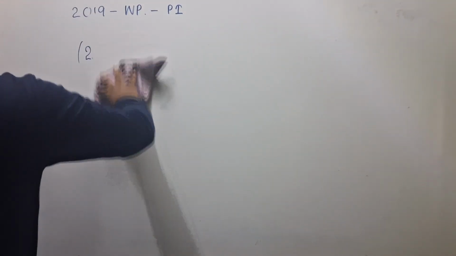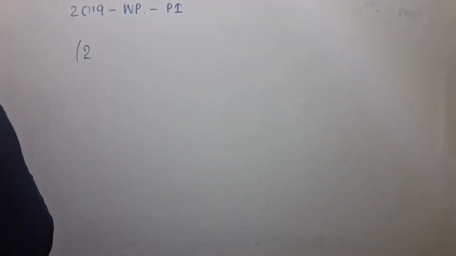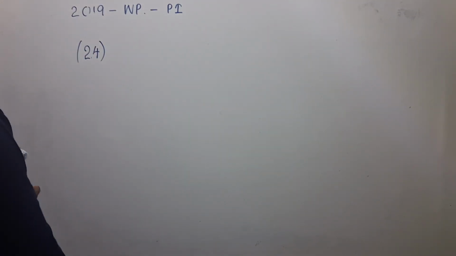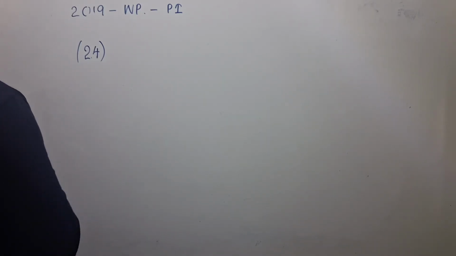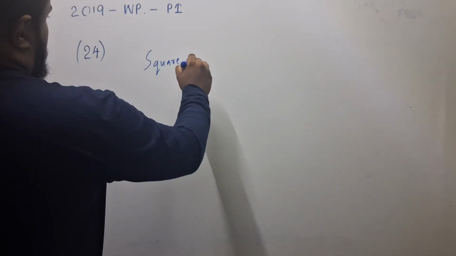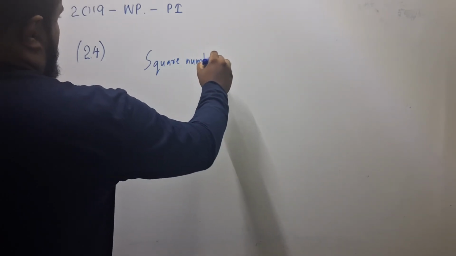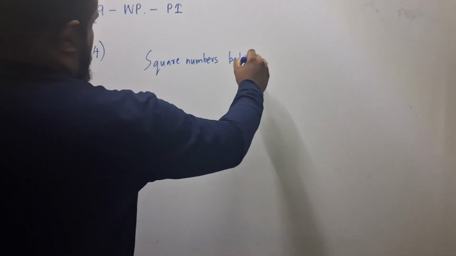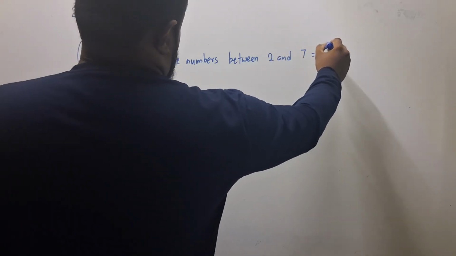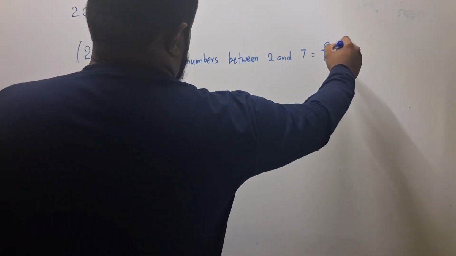So you can write square numbers between 2 and 7. There's only one element, 4.